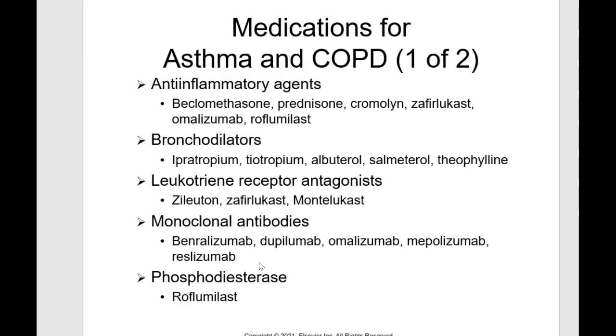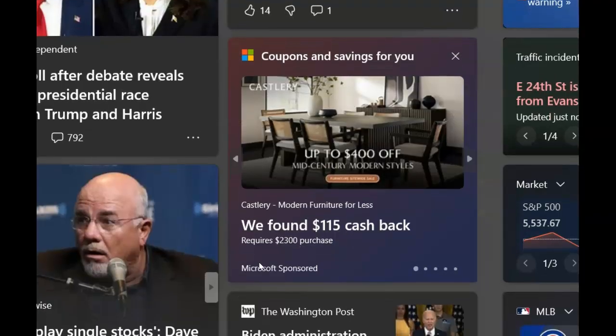How do they work? Beta-2 agonists are sympathomimetic. I hope that's coming back to you. So they're drugs that activate the beta-2 adrenergic receptors. When we activate the beta-2 receptors in the smooth muscle of the lung, these drugs promote bronchodilation and thus relieve bronchospasm.